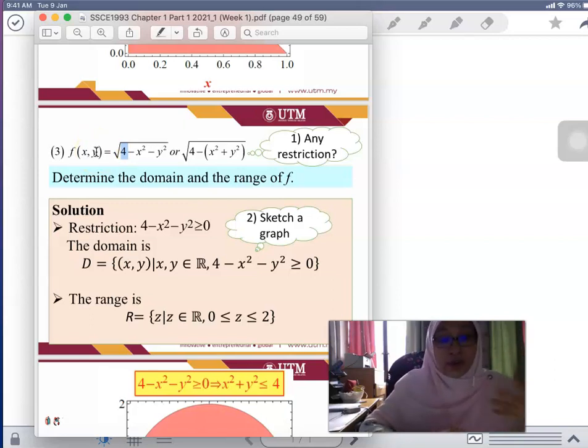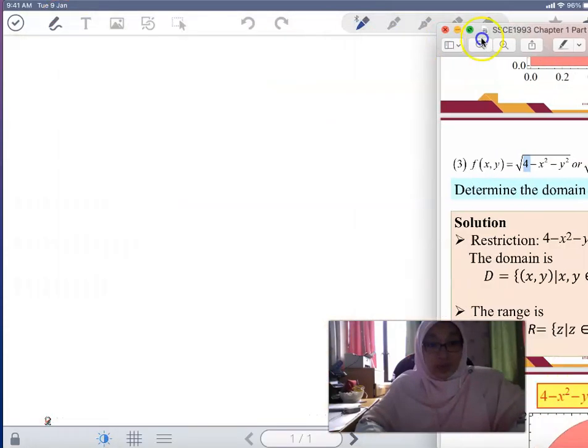But we have no idea at the moment what the interval is. So the range should be lying between which and which. Okay, so now we want to look at that.